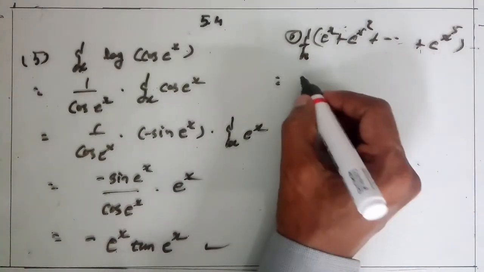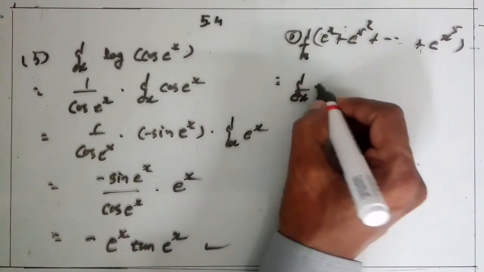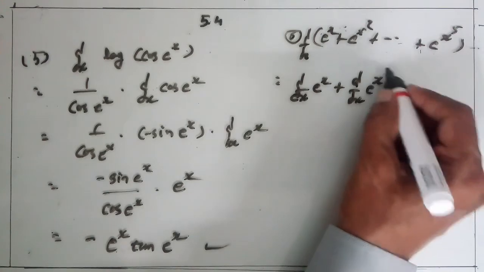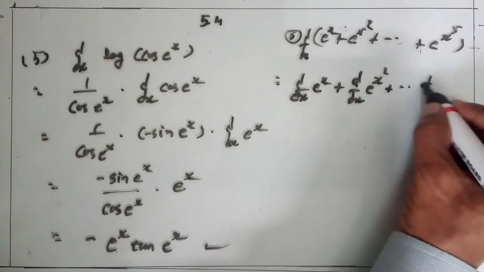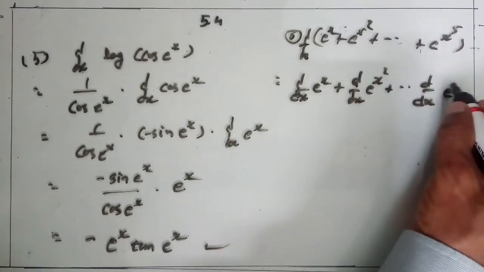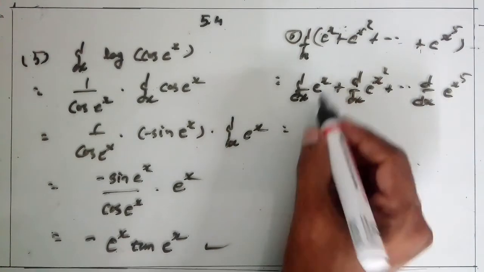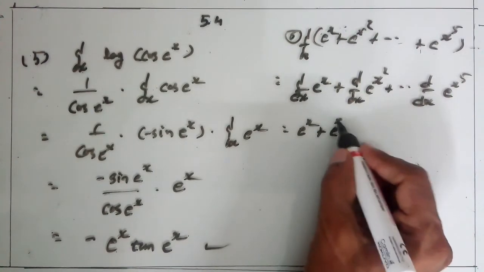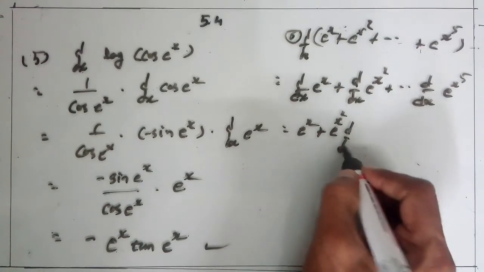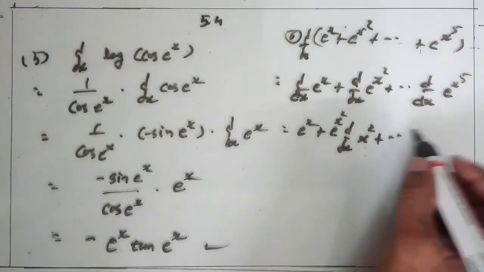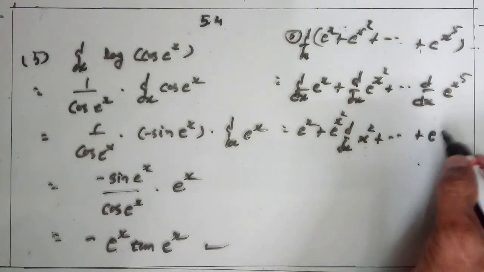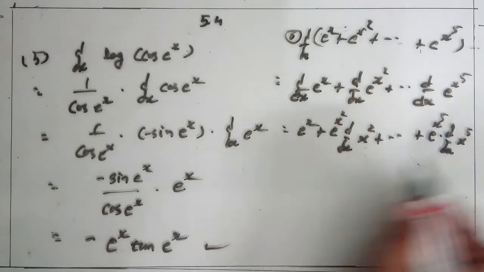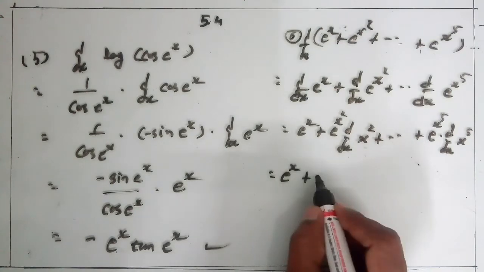Apply the derivative to each: d/dx of e^x plus d/dx of e^(x^2) plus up to plus d/dx of e^(x^5). So the derivative of e^x is e^x, plus the derivative of e^(x^2) is e^(x^2) into d/dx of x^2, plus up to plus the derivative of this is e^(x^5) into d/dx of x^5. Clear?